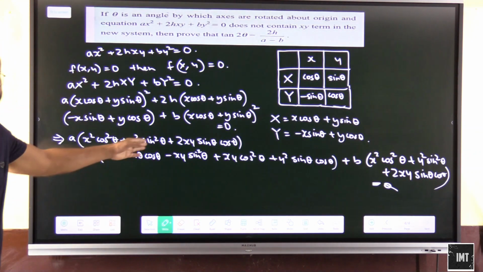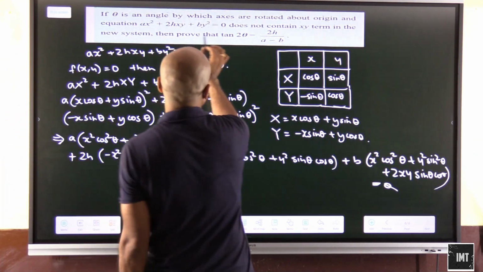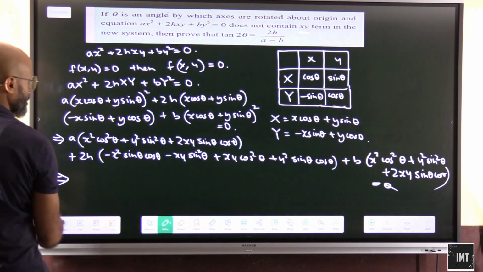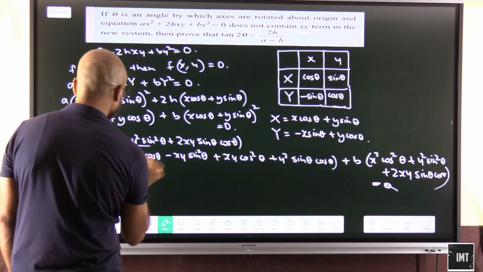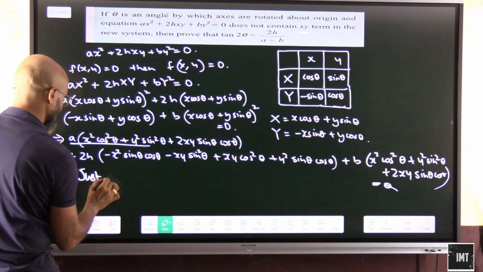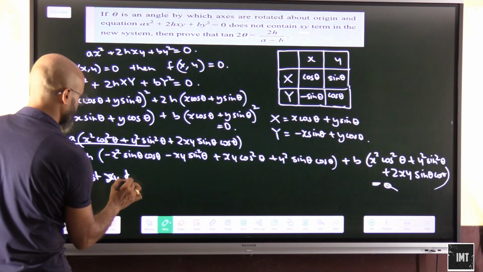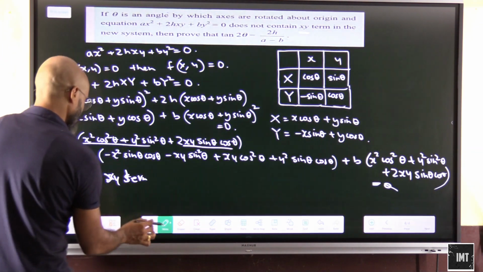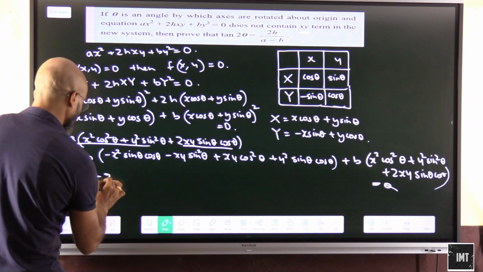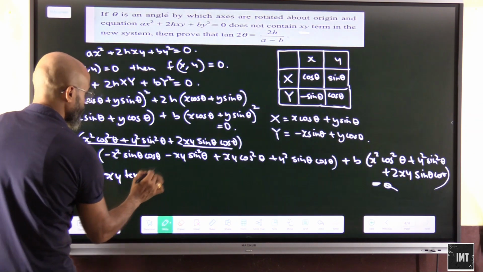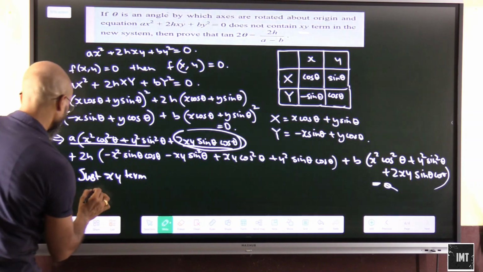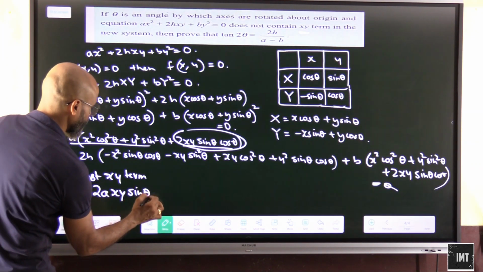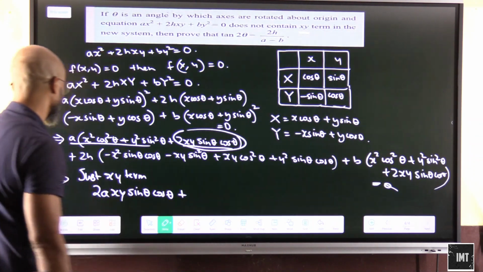So let's calculate this here, a pretty long expression. We have to remember that it doesn't contain any xy term, so let's ignore all these other terms and see just the xy term. This will be one xy term, that is 2axy sin theta cos theta. What else could be the xy term?